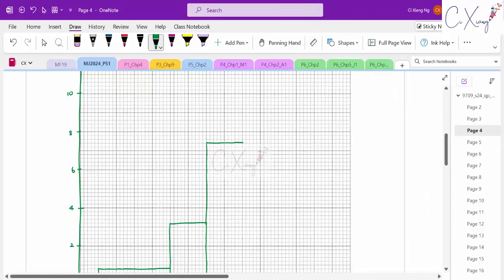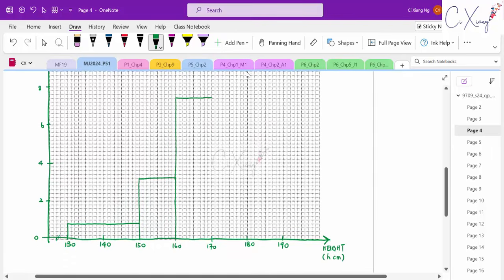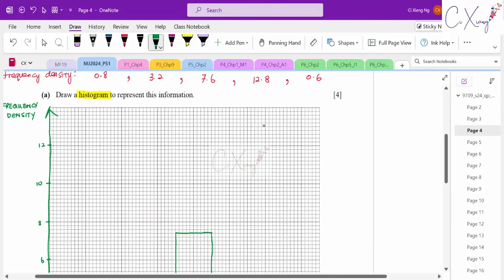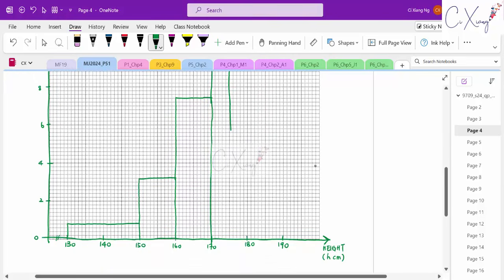Okay, so I need to make it smaller a bit. Then the next class, the height is 12.8. So 12.8 should be somewhere here, if I'm not mistaken. But the class width is only 5 units, so it should be narrower.